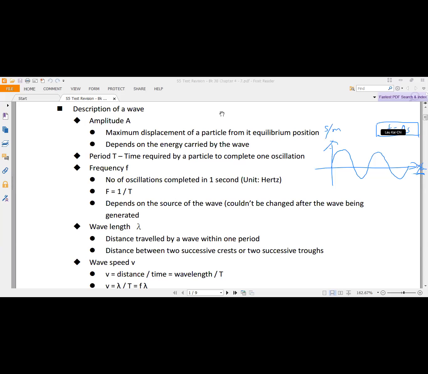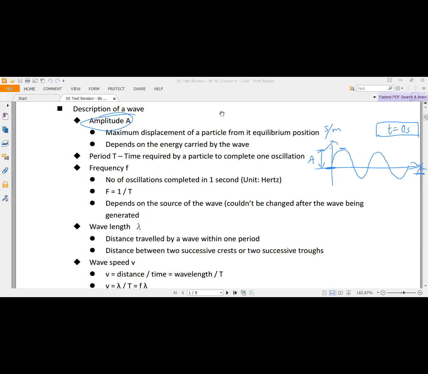Okay. Now, so first question I would like to ask: would you be able to read the information from this graph? There will be two information you should be able to get. The first one is amplitude. This is the amplitude. You can read that from the height of the peak, from the equilibrium position. Okay? So this is the first thing you should be able to do.